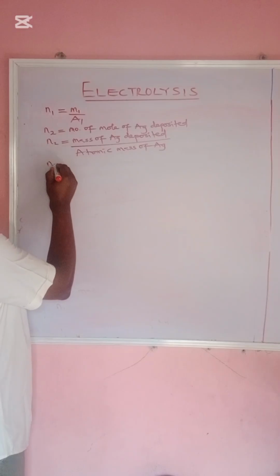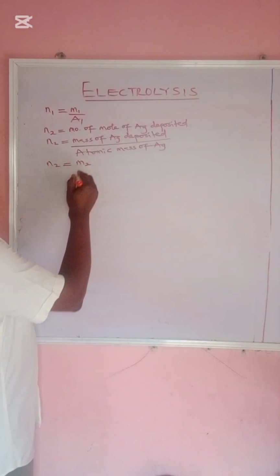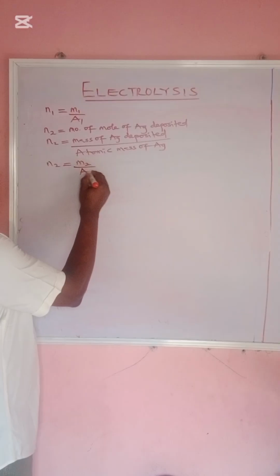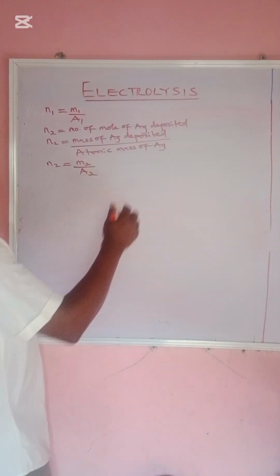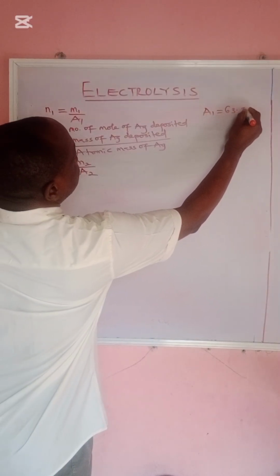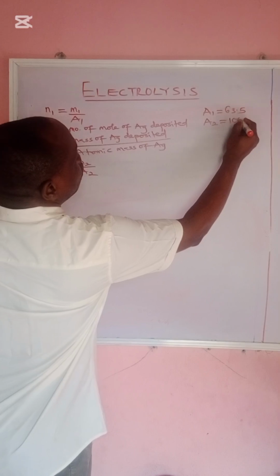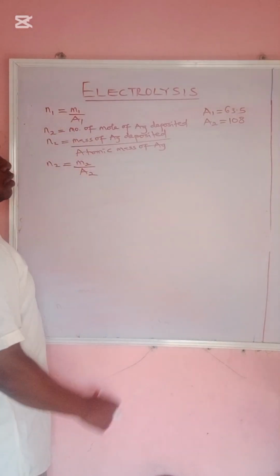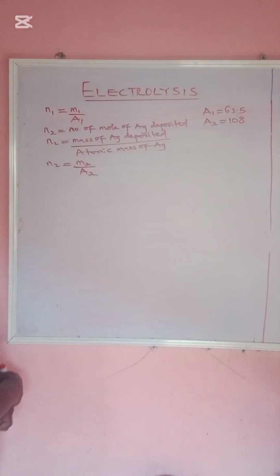That is N2. So N2 is M2 all over A2. That is the number of moles. Remember, A1 for copper is 63.5, and A2, atomic mass of silver, is 108.